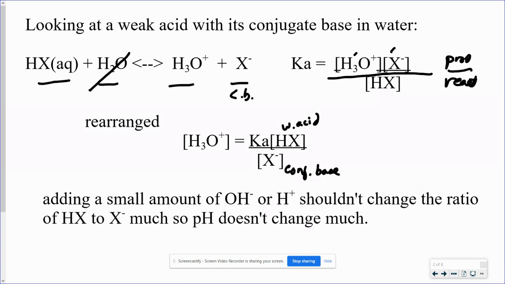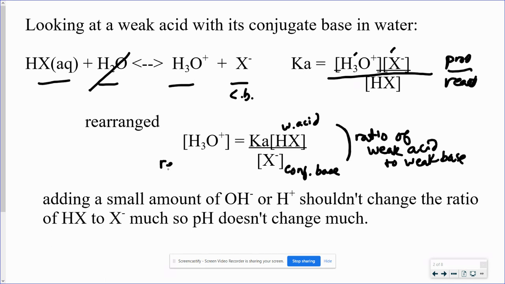So what we're saying then is that if we add a small amount of OH minus or H plus, the ratio of those two shouldn't change too much. And that's how buffers work. The ratio of the weak acid to weak base won't change very much when we add small amounts of acid or base.